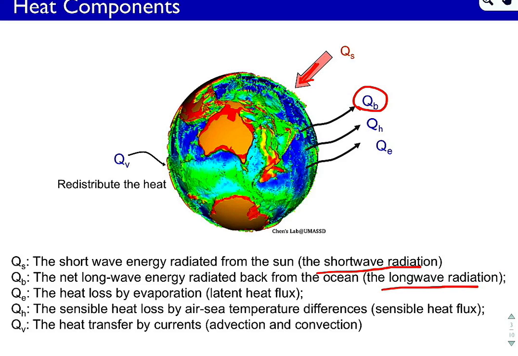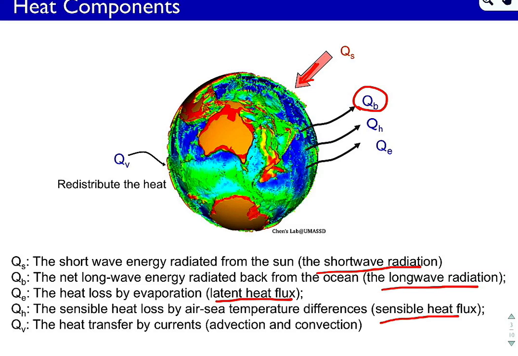We have the evaporative heat flux, or latent heat flux, and we have the heat flux that's due to air-sea temperature differences that drives heat across the gradient, and that's known as a conductive or sensible heat flux.